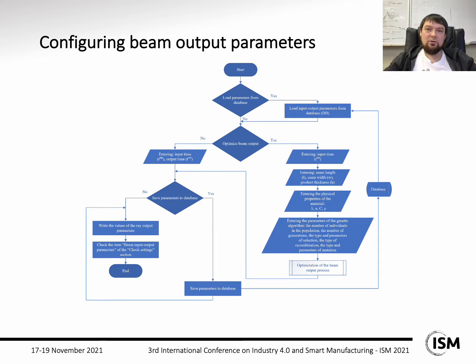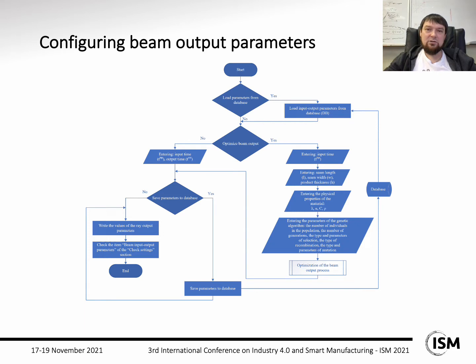Next, the parameters of the genetic algorithm are introduced. It's the number of individuals in the population, the number of generations, the type and parameters of selection, the type of recombination, the type and parameters of mutation. And after that, the optimization of the beam extraction process is performed.